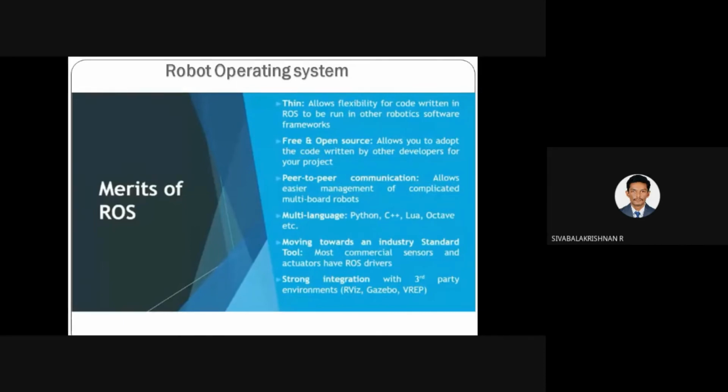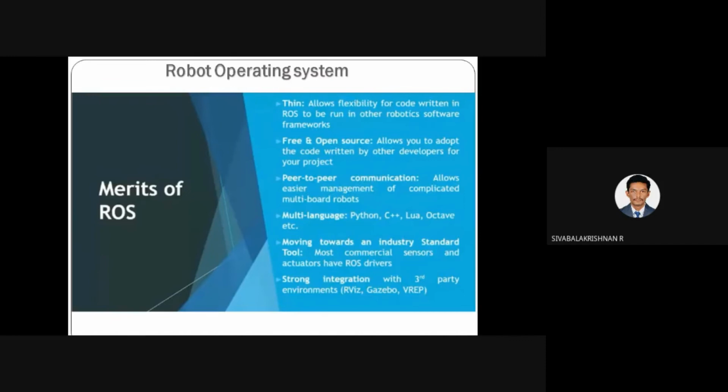And peer-to-peer communication. It allows easier management of complicated multi-board robots. In a robotic application, we have to detect an object. By implementing an advanced algorithm, there are certain cameras having an inbuilt processor. The camera has one processor, and you have a central computer, the core processor.